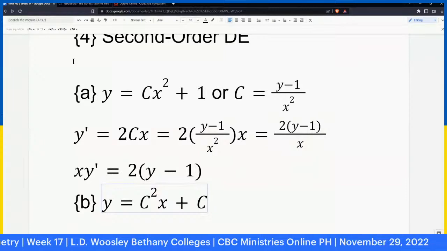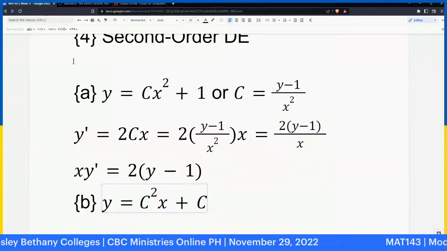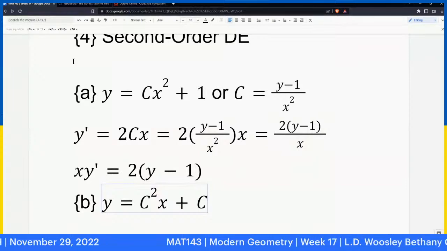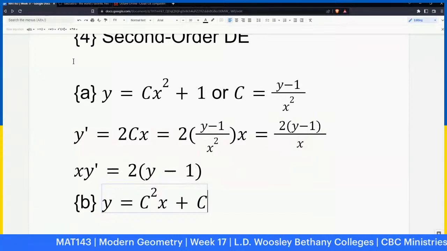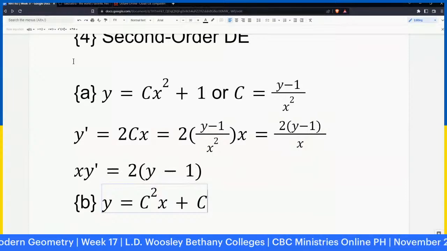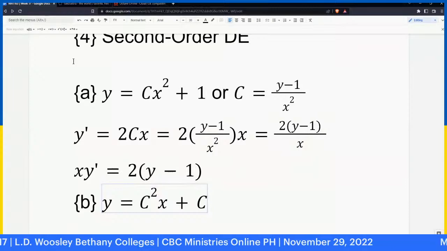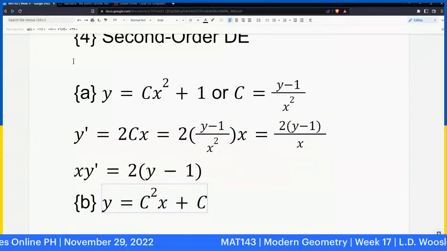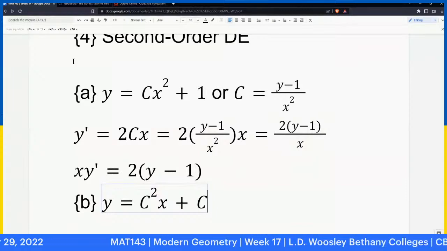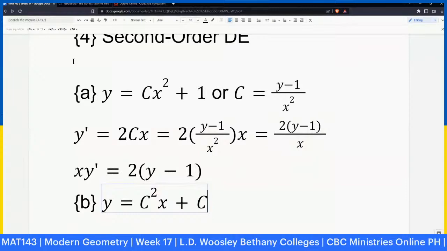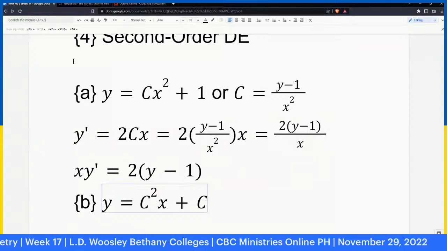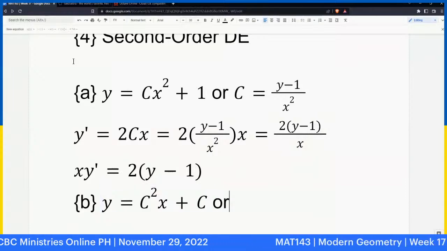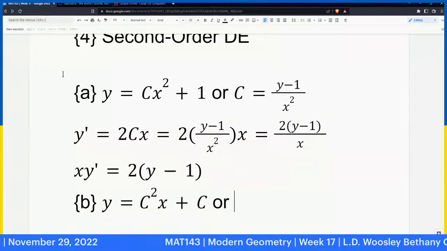Just the same, you get the derivative, and you also solve for c from the original equation, substitute the c to the derivative equation, and then rearrange and you will get the answer. Please do the same and just dictate the answer to me afterwards. Or perhaps you could solve first for c muna. What is c?